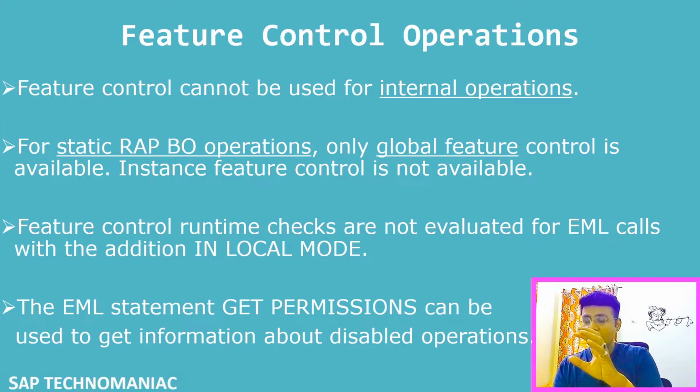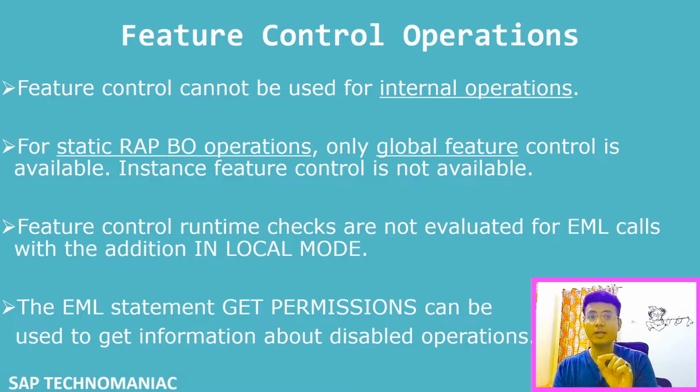For static RAP BO operations, meaning operations which are applicable on the entire BO, for example the create button and the update button, we can use only the global feature control.